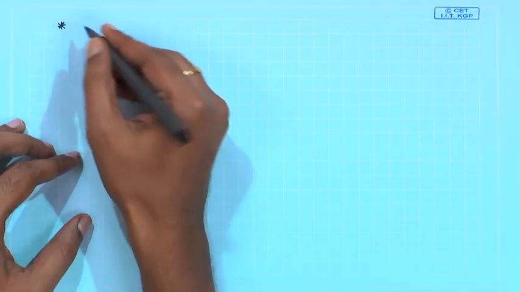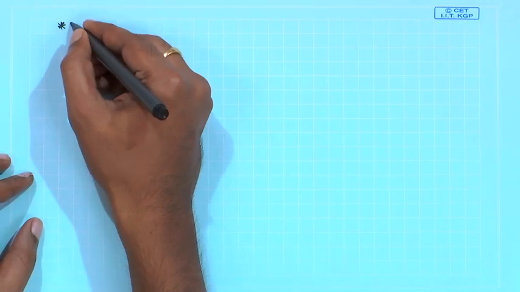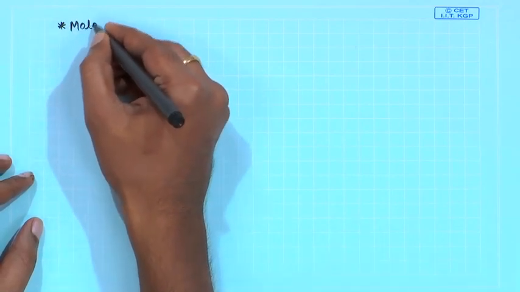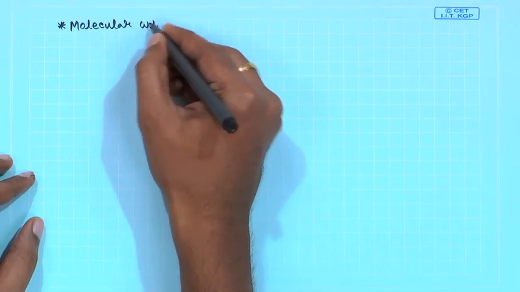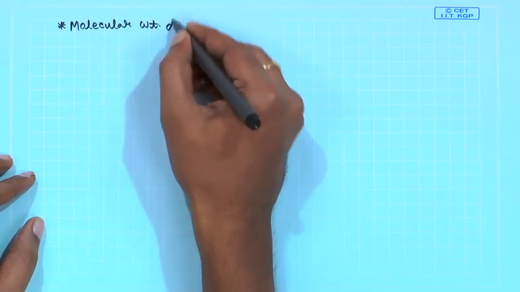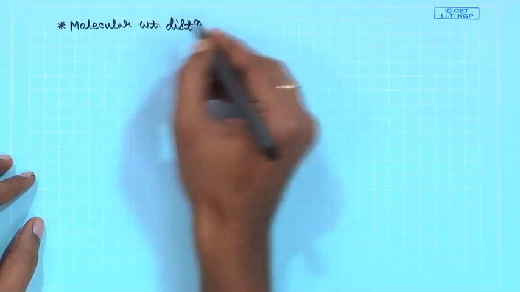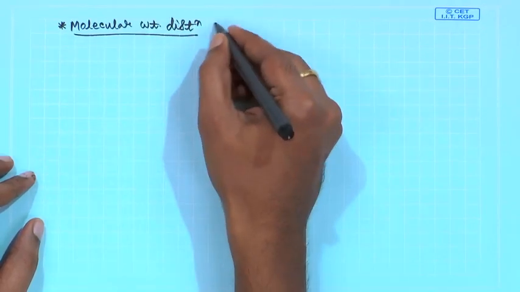So, what we are looking for is to derive an expression for the molecular weight distribution, or derive expressions that give you a fair bit of idea of that.